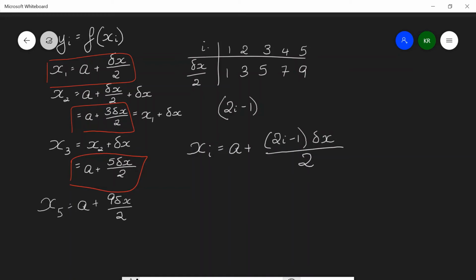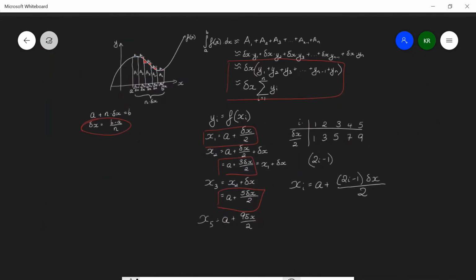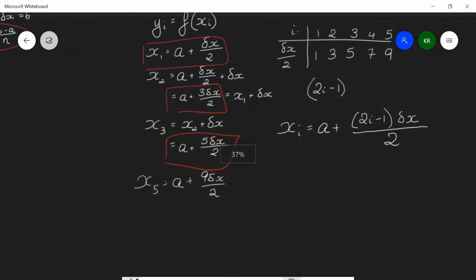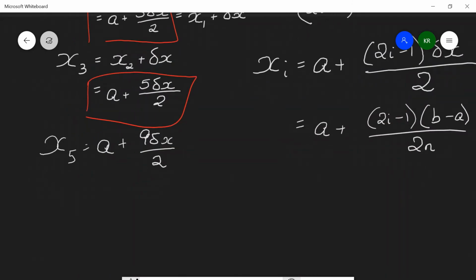So xi is going to be a plus 2i minus 1 lots of delta x over 2. And remember, delta x is just b minus a over n. So we can say that that's the same as this, b minus a over 2.